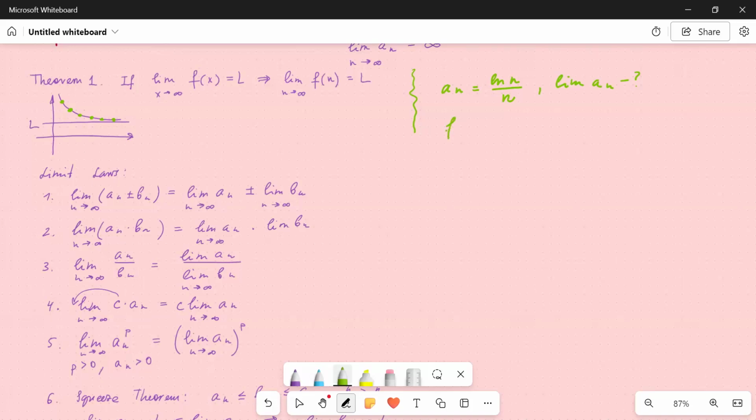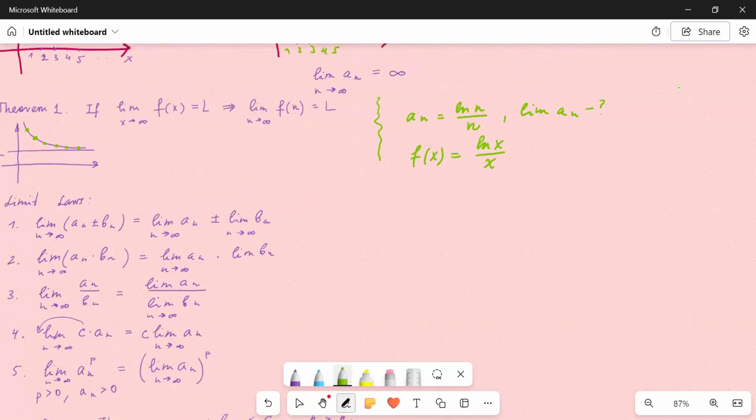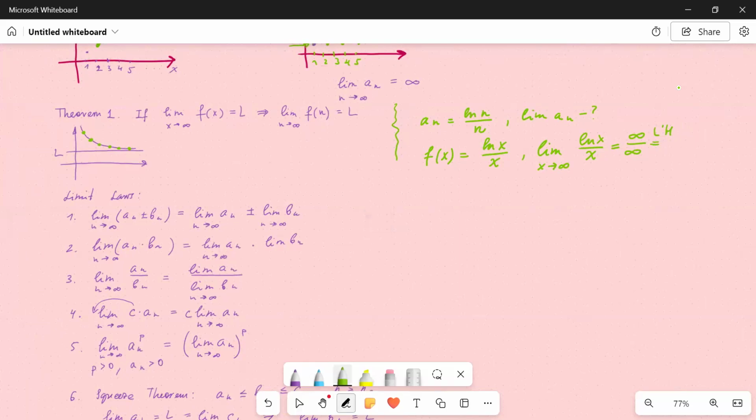We are going to create a function f of x, which is similar to a sequence just using real numbers instead of positive integers, and try to figure out the limit. What is the limit as x approaches infinity of ln of x over x? My goal is to use the theorem over here: if a function has a certain limit, then the sequence is going to have the same limit. When x approaches infinity, we have infinity as ln and infinity as x, which means we can use L'Hopital's rule.